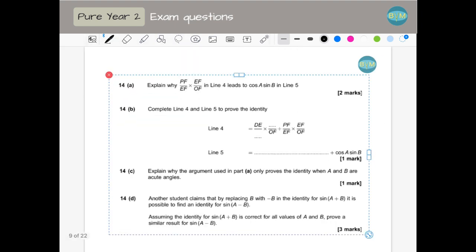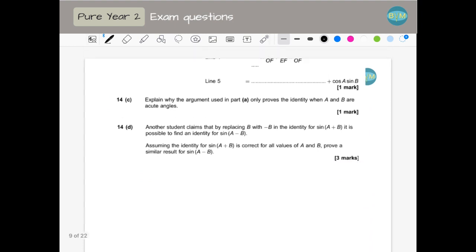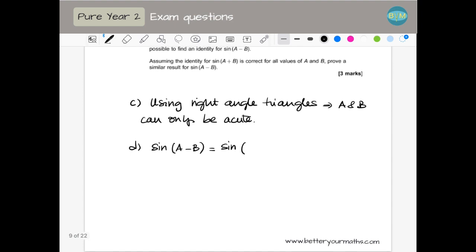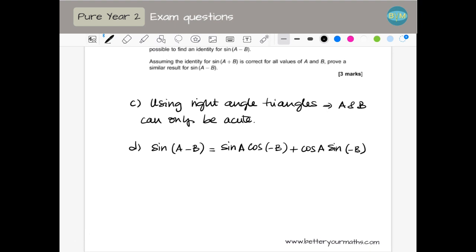So sine A cos minus B plus cos A sine minus B.